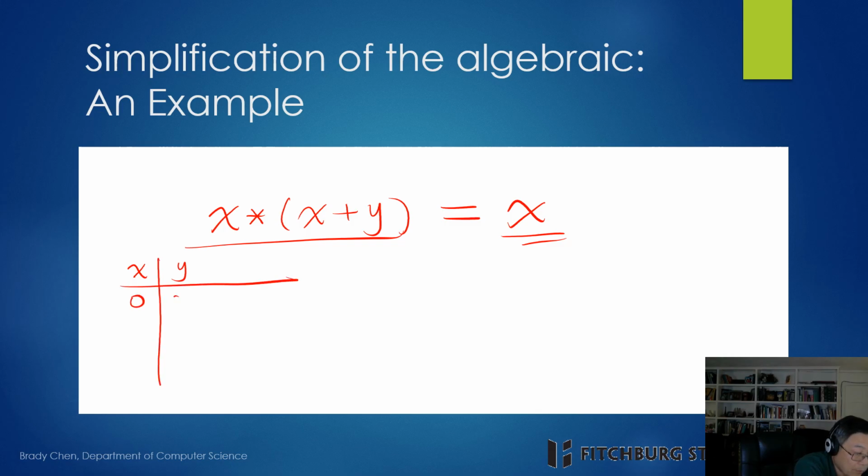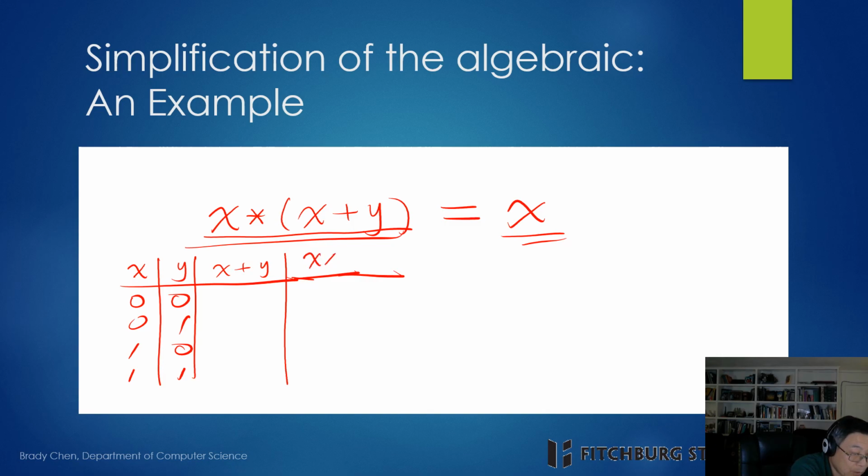So we have all the possible combinations of x and y, and then we try to figure out the value. Let's first build x plus y, and then we build x times x plus y.